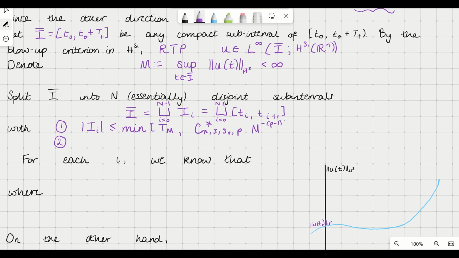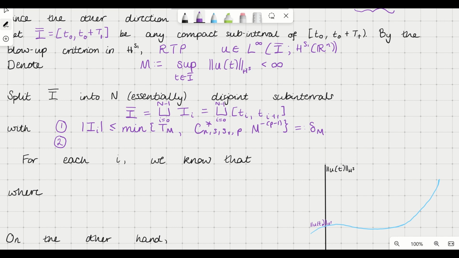It's a fixed constant depending on those parameters, times m to the minus p minus 1. And this I'm just going to call delta_m, because apart from the fixed parameters n, s, s1, and p, it only depends on m.